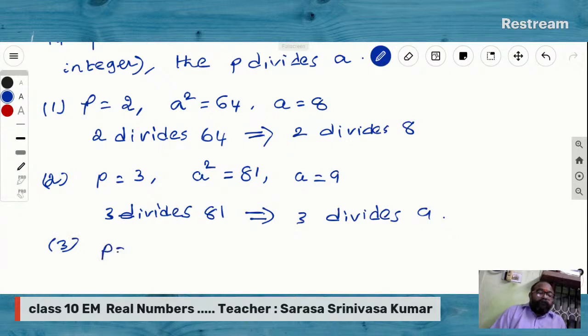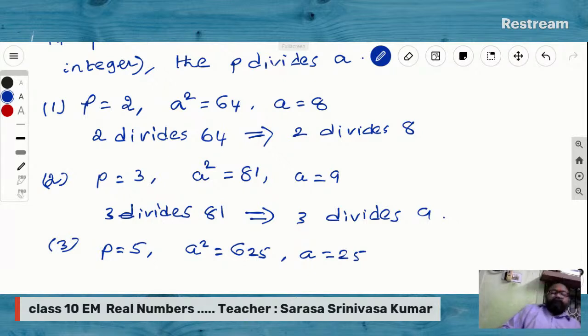And we consider another example. P equal to 5. A square equal to 625. A equal to 25, because square of 25 is 625.